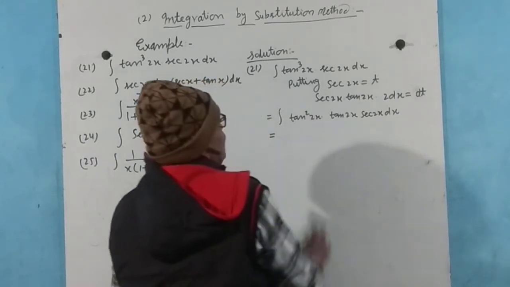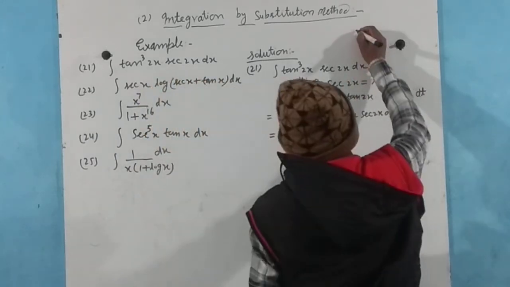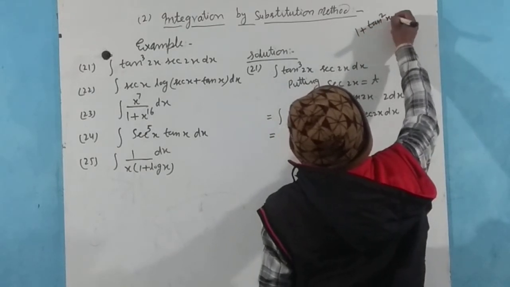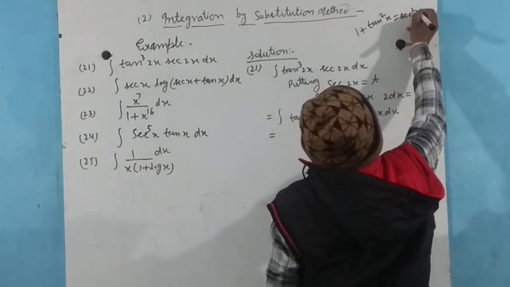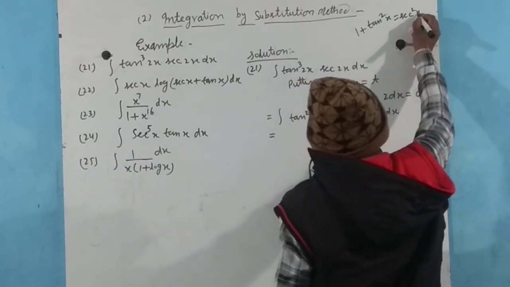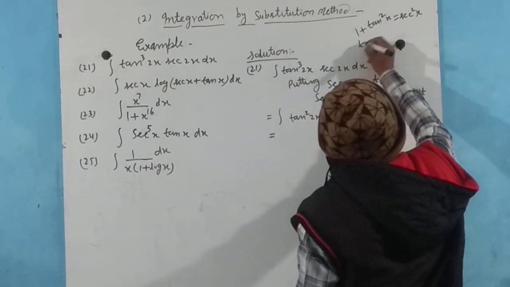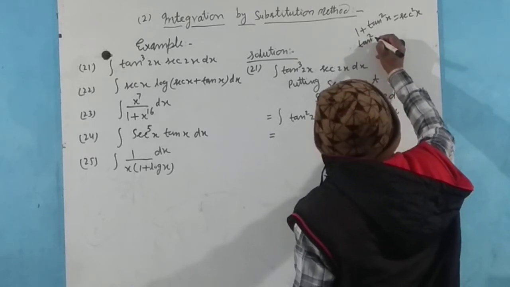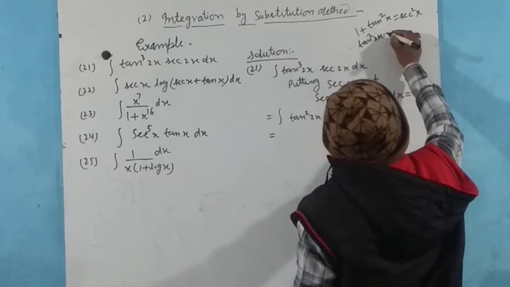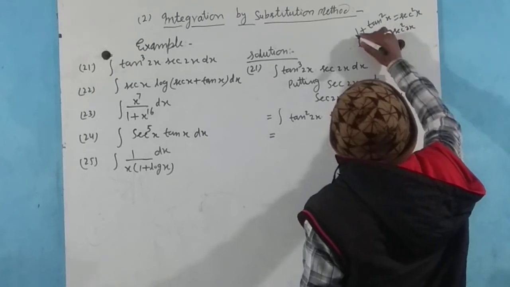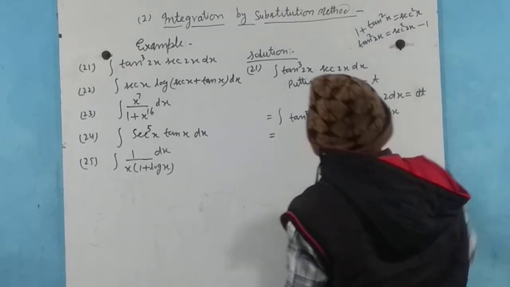Putting this identity, 1 plus tan square x equal to sec square x, so that tan square 2x equals sec square 2x minus 1 here.